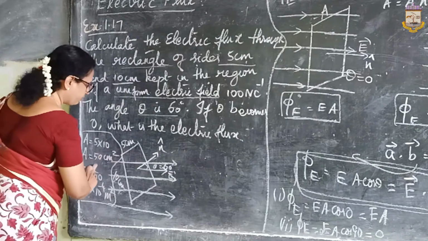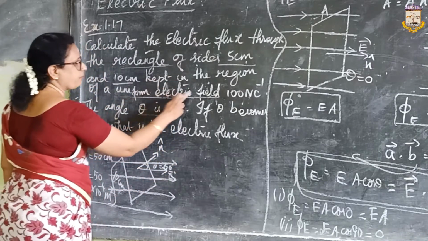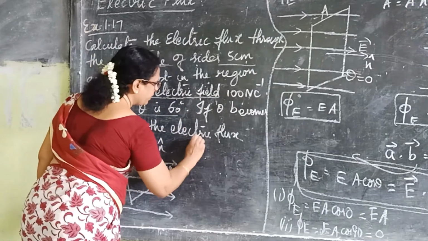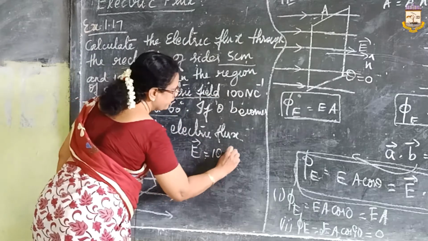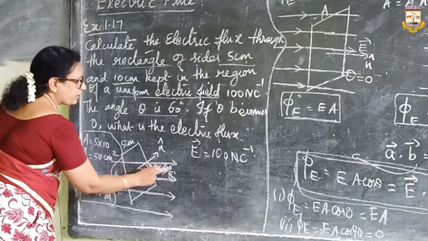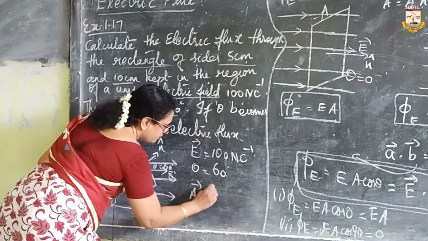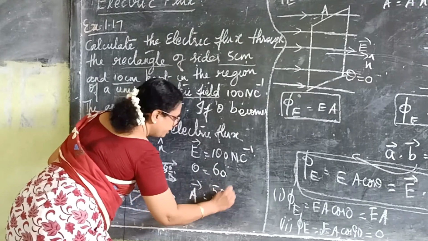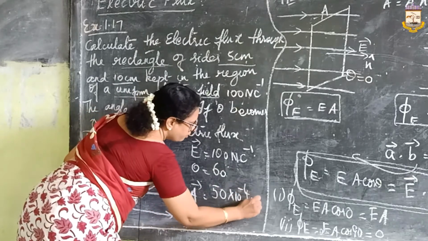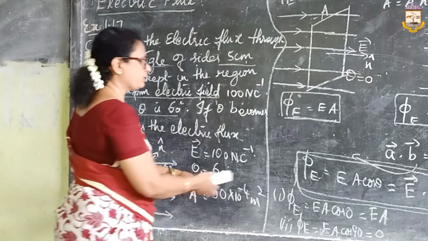Now we have got the area, and it is kept in a uniform electric field whose value E vector is 100 NC power minus 1. And the angle theta they have given as 60 degree. Area A is 50 into 10 power minus 4 meter square. So using these we can use the formula.